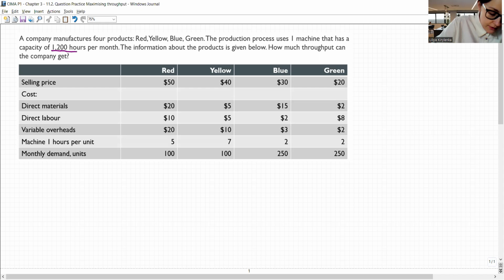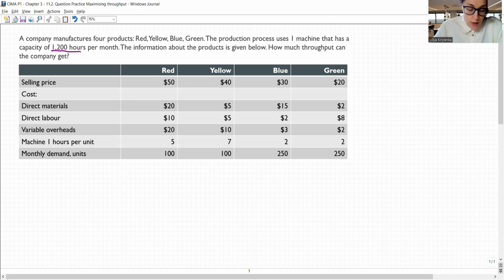We are given the selling price, direct material, direct labor, variable overheads, machine hours per unit on Machine 1, we have just 1 machinery, and monthly demand in units.